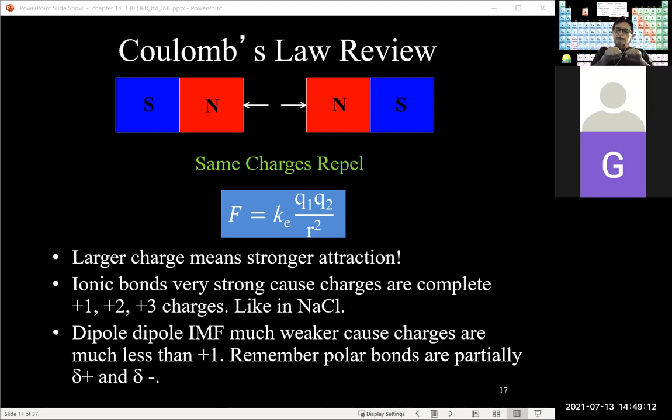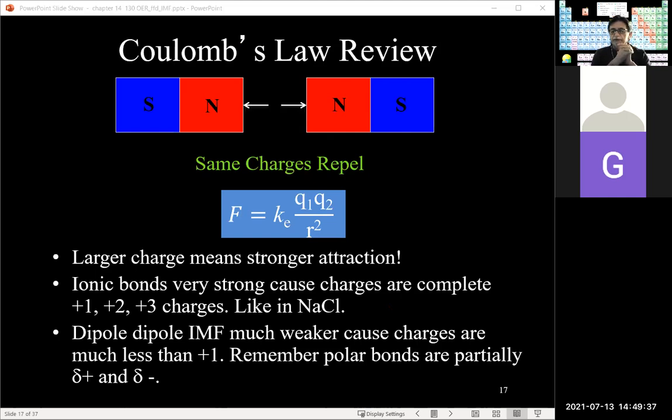As you bring them closer together, you can feel that force of repulsion. Or you can bring the north and south together and feel the force of attraction, but don't let them touch. And the closer you get, the stronger the force. That's simply what it's telling you here.